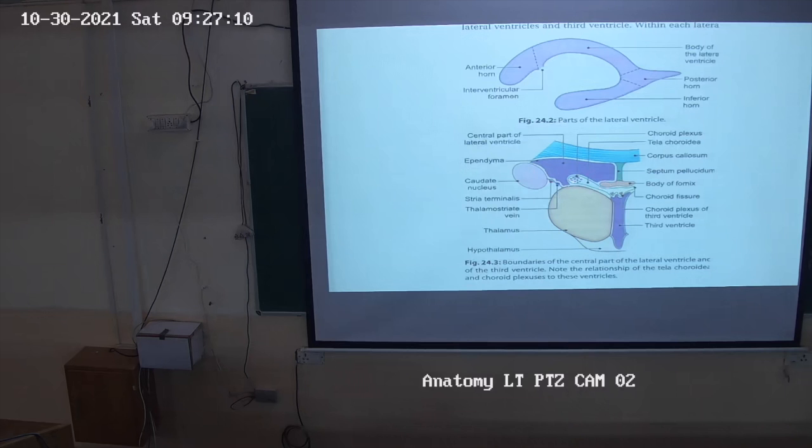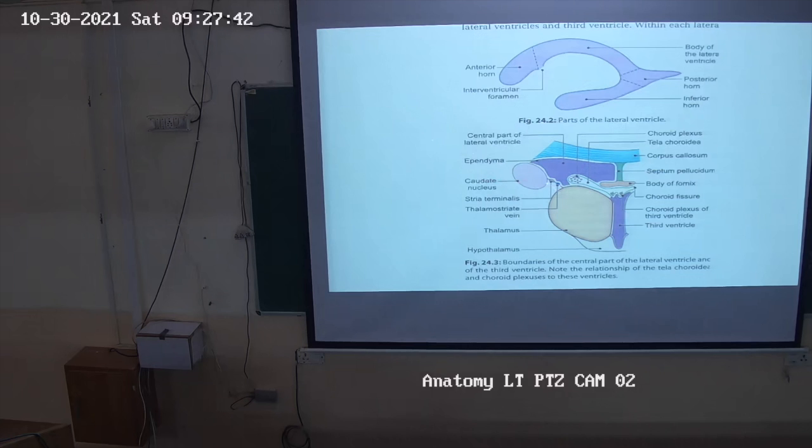Now coming to the floor, this one. This is the thalamus, this is the caudate nucleus, the head of the caudate nucleus. So can we say that the floor is formed from the medial to the lateral side? Medially it is formed by the superior surface of the thalamus. Next to it, laterally, is the head of the caudate nucleus.